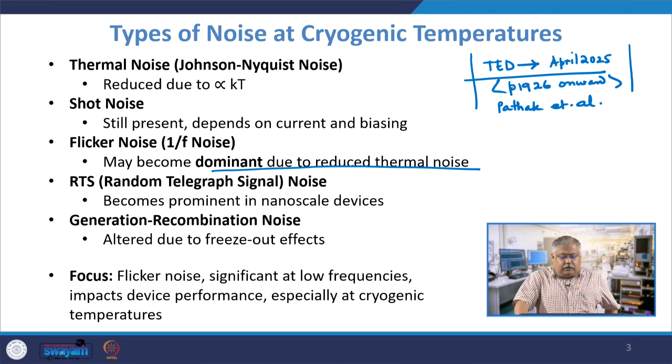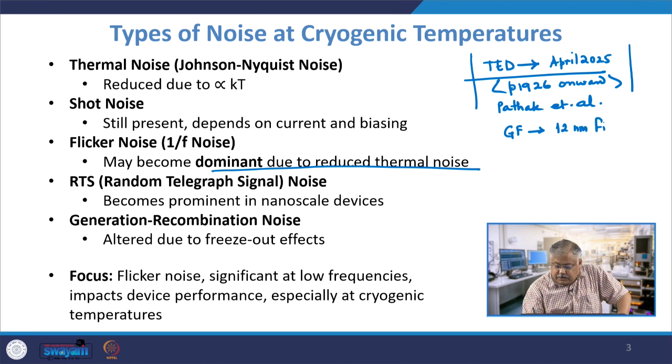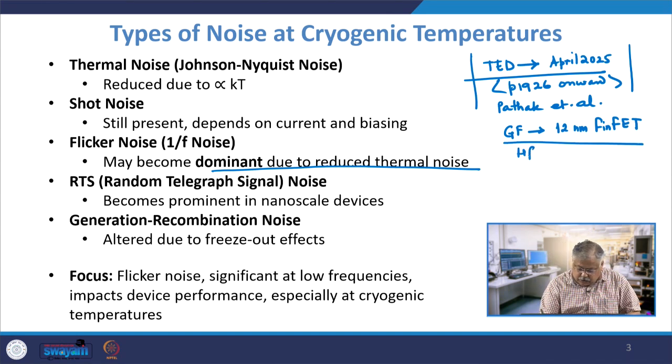Okay, what the authors did in this paper was they took up a low threshold voltage FinFET, again device agnostic in nature, and they were fabricated on a GlobalFoundries technology, and they used a hafnium dioxide based gate stack. So, they used GF technology, right, and this was basically a 12 nanometer FinFET, fabricated with an HfO2 stack gate oxide, right.